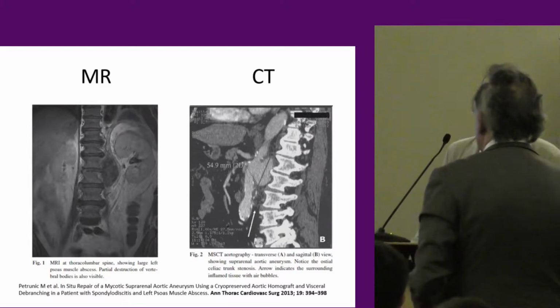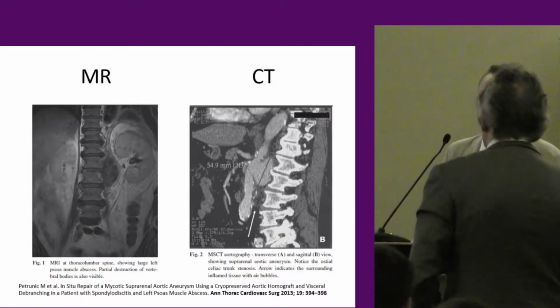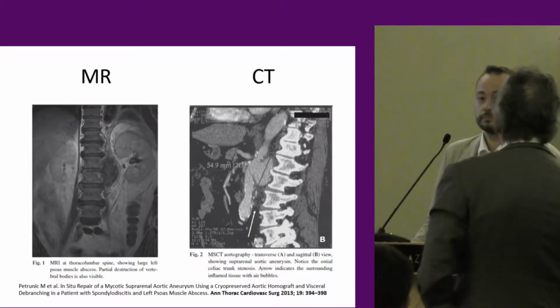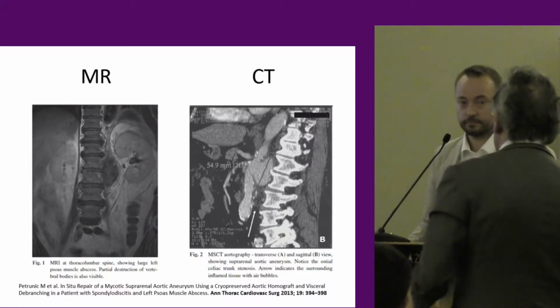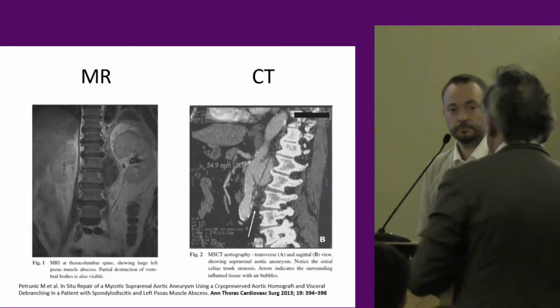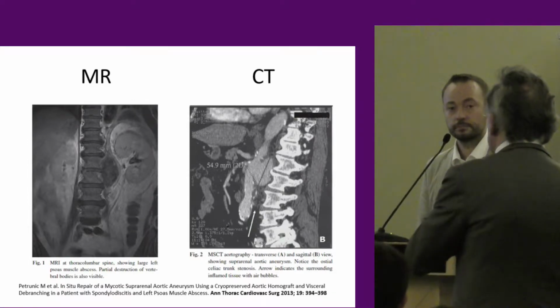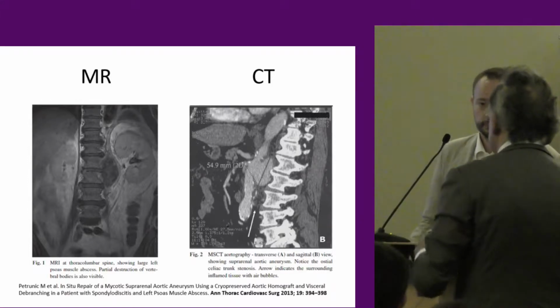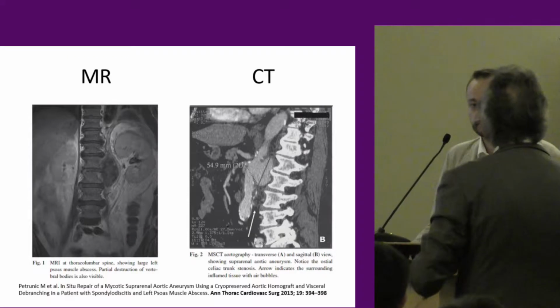At the beginning, I used homograft. But you have a very, very poor result with homograft, either in abdominal position or in thoracoabdominal position, because the homograft, in my experience, lasts some time, but after that it disrupts without reason, and the patient dies.